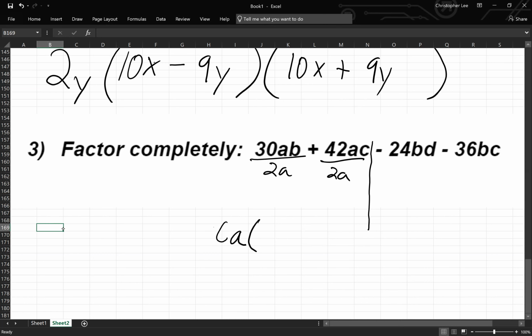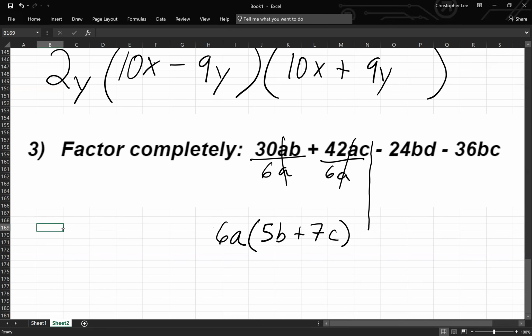It should be the greatest, because if it's not the greatest, you're gonna have to keep doing it again. So 30 divided by 6 is 5. A's cancel out, leaving back B. 42 divided by 6 is 7, so plus 7. A's cancel out, leaving back C.